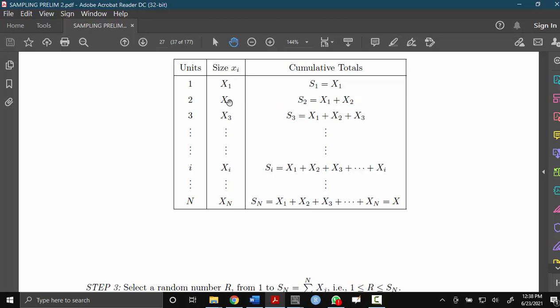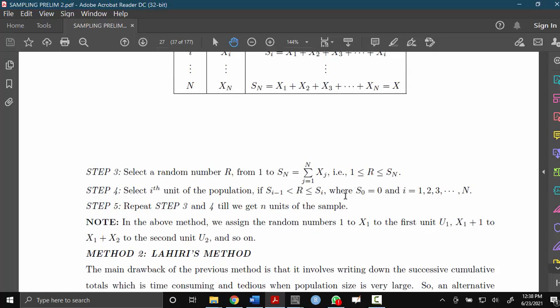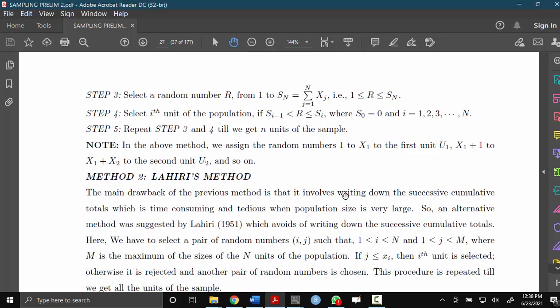For the third unit, x1 plus x2 plus 1 up to x1 plus x2 plus x3. So like this. This is the way we can select a random sample, that is a PPS with replacement sample, using the cumulative total method from the population.